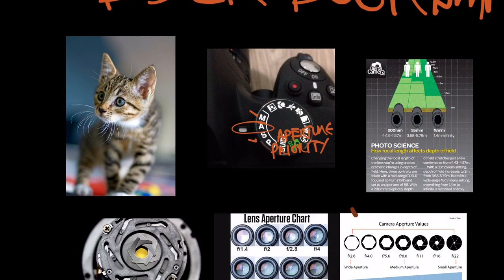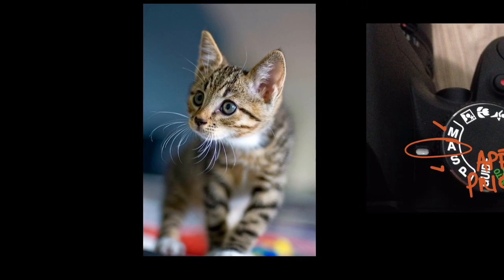And why do we want to be able to control the aperture? Well, the big reason, first and foremost, is we want to achieve a certain look with our pictures. If you see this photo here, you notice that the cat's face is extremely sharp, and this entire area back here has just washed out, just gone.